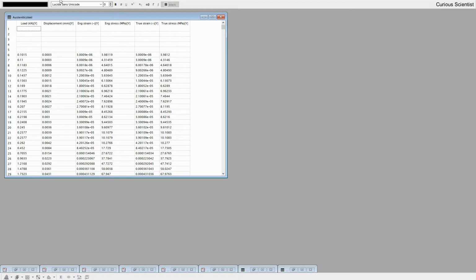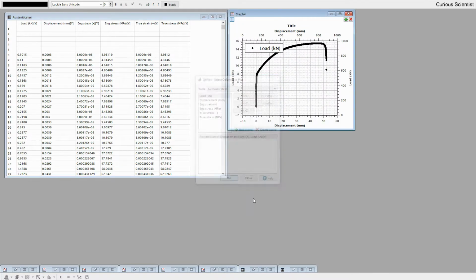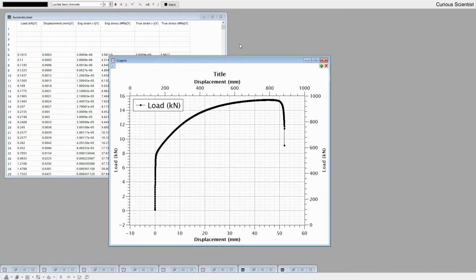So if we plot it, I will show you what we get. So let's put the displacement on the x-axis and the load on the y-axis. So this is what we get. I hope it's visible. So we have our linear section here, and then the kind of parabolic section, and then here the material starts to fail, and here it breaks and the measurement is finished.